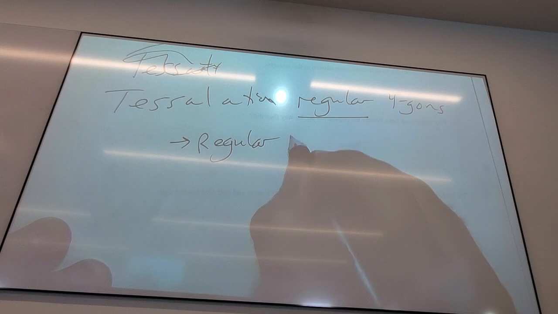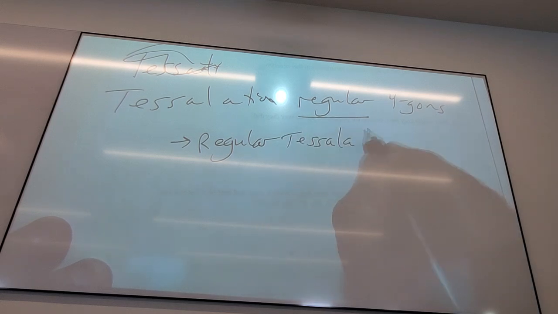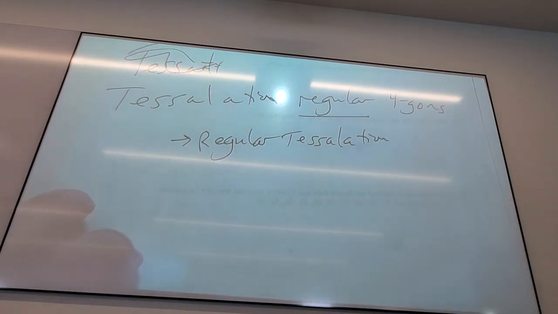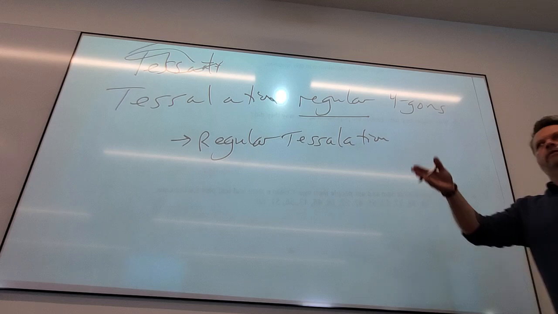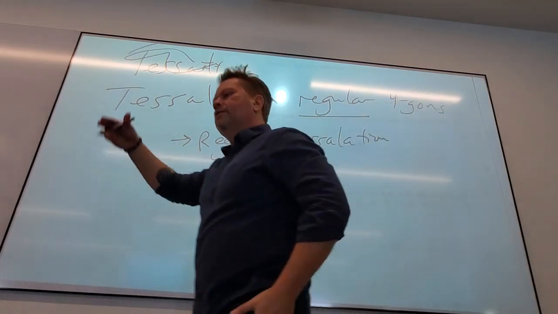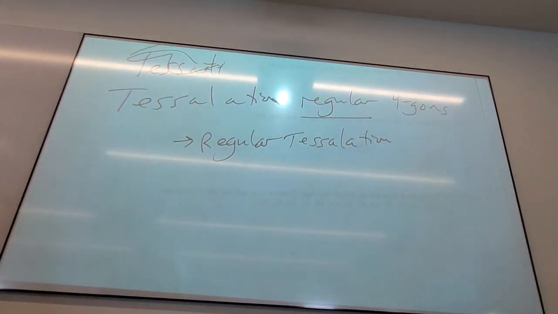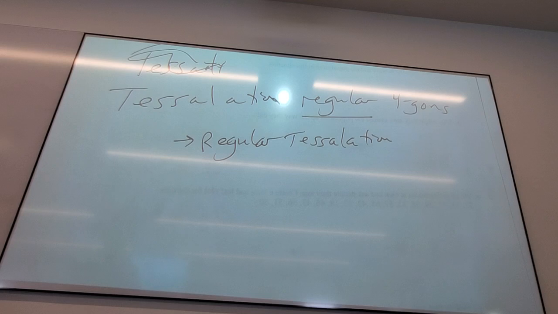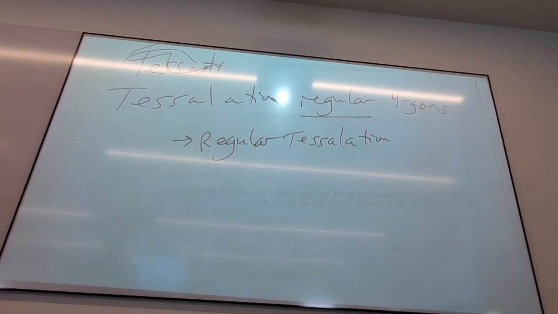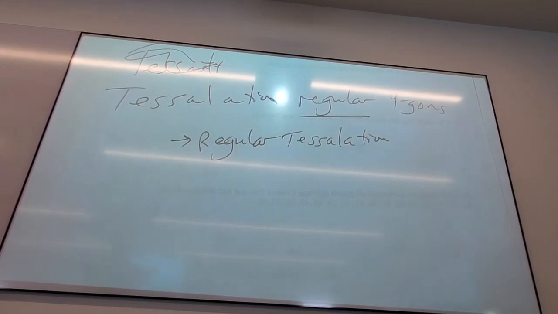So a regular tessellation is a tessellation composed of regular polygons. What is a regular foregon, by the way? What is it also known as? Square.